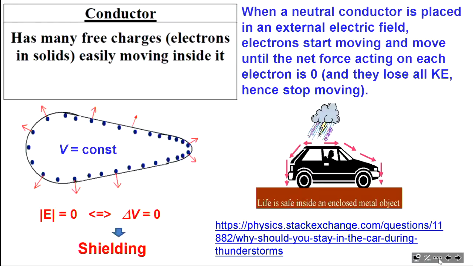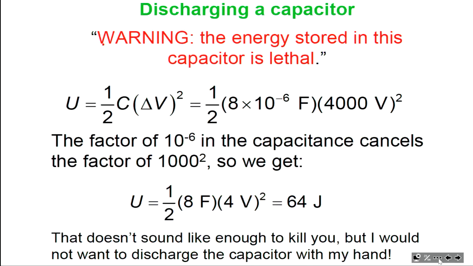And now, the last demonstration related to capacitors. We can charge a capacitor plus to plus, minus to minus. So all we need is a capacitor and a source of the voltage. I should have checked it before.